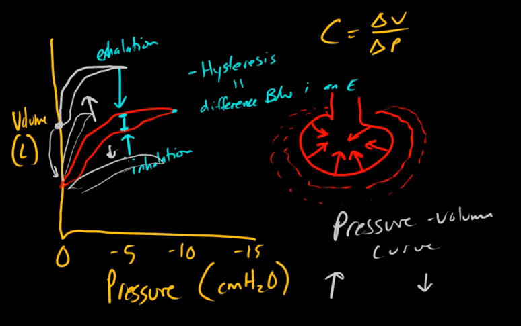I'm going to leave it at that for this basic video. Really, this pressure volume curve, I've broken it down and tried to make it as simple as I can. If people want a more expanded definition, I can be happy to give you that as well. However, this is going to be our basics for our pressure volume curve.